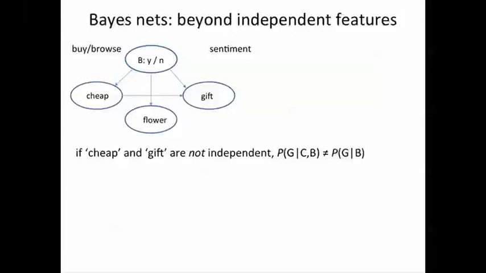As a result, we actually have a dependence between cheap and gift, which is exhibited in this network by an arc between these two nodes.